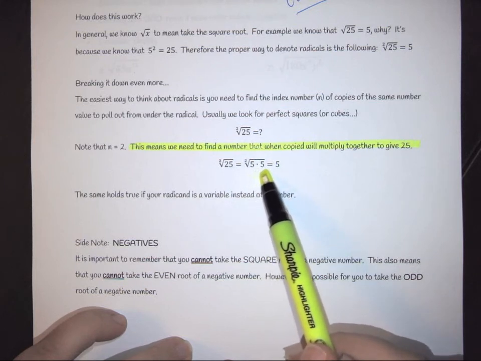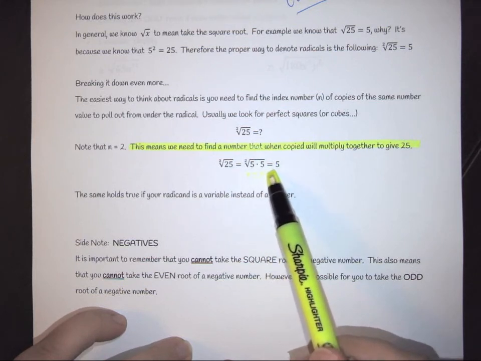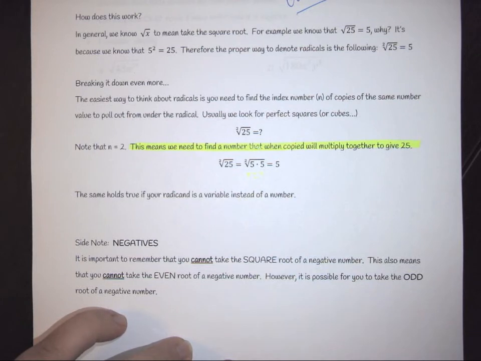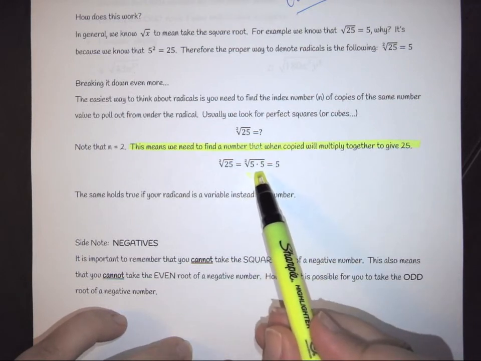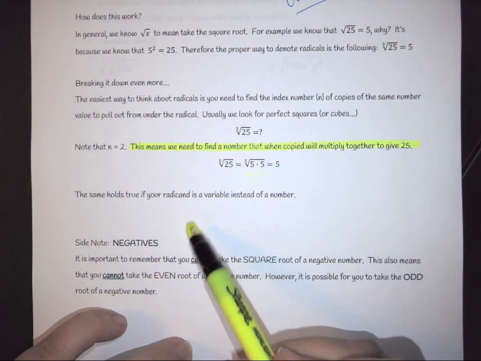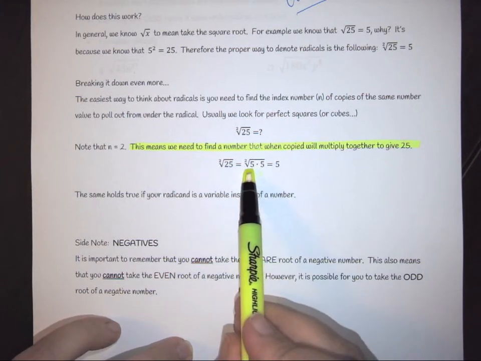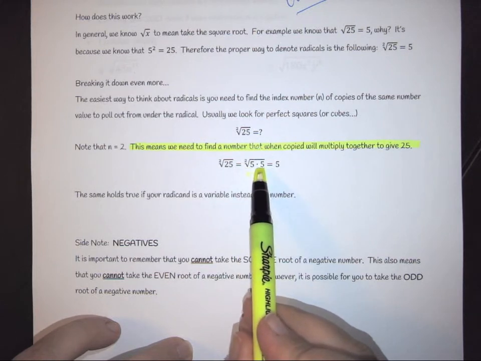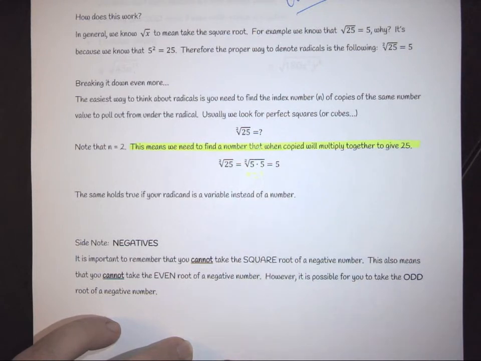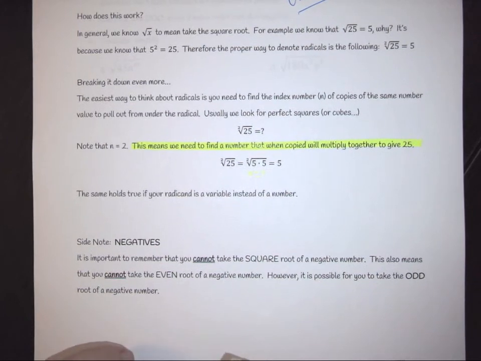Because I have a group of 2, the number of members in your group must match your index. If that holds true, then you can pull the value out as your reduced function. So because I can break 25 into a group of 5 times 5, it means I can pull the 5 out of the radical. Now in this case, I didn't have anything else to work with, so the radical dissolves. But that's not going to be the case with everything we look at.